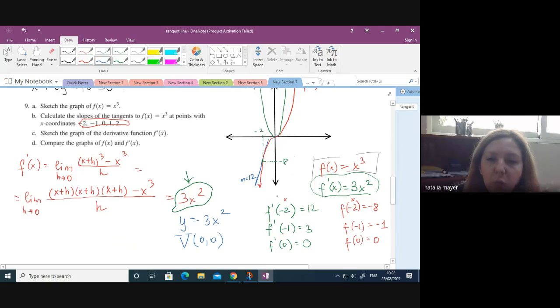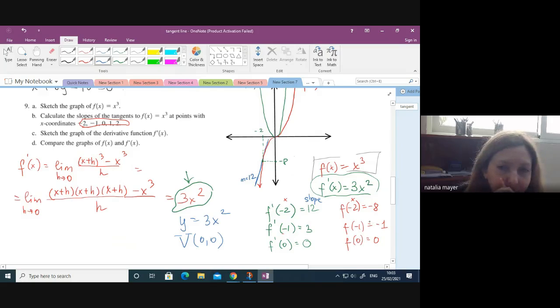Absolutely. As you can see, derivative is a slope. When x equals negative 2, the derivative value, which is y value, is 12. And what does this 12 represent? The slope for each and every x value here, right?